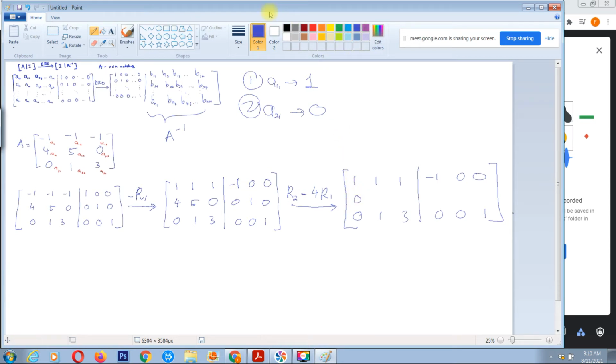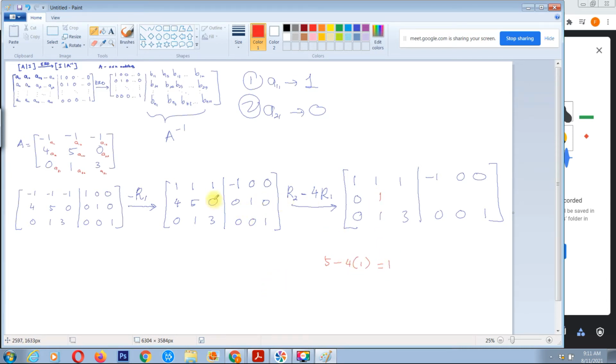Easy, right? So R2 is 5, then minus 4 R1. R1 is 1, so that equals negative 1.